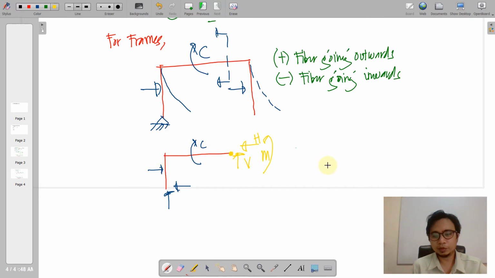And of course, normally for the framing system, we usually separate the beams and columns, wherein they are detached or separated from each other, or unpin your frame, and then label all the forces involved. External forces first, and then we go to the internal forces.